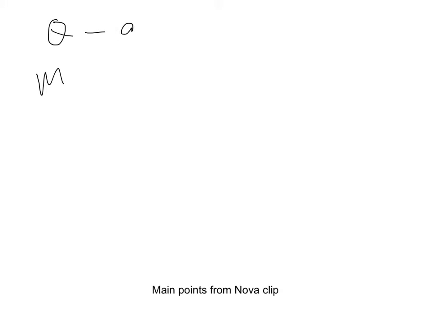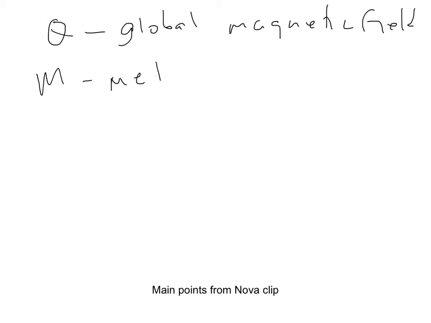So the primary question is global magnetic field. The primary method involves sending an instrument that can remotely detect the magnetic fields.